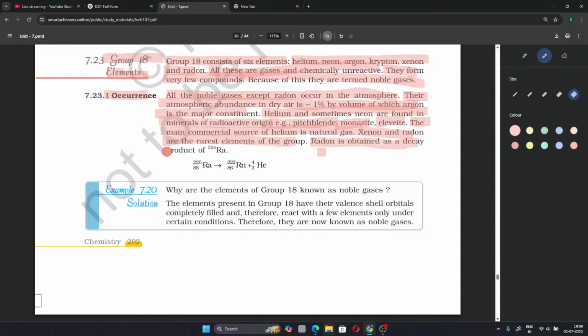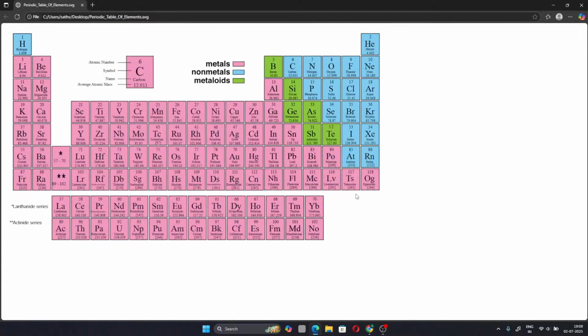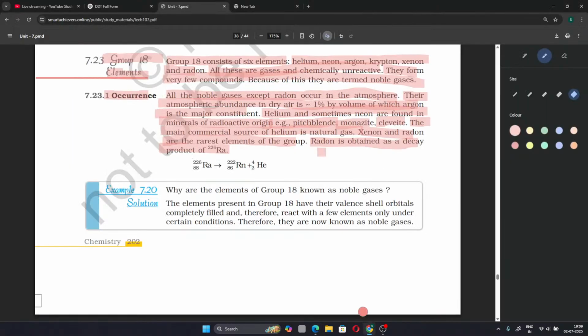Radon is obtained as a decay product of 226Ra, that is, radium. 226 radium gives radon.